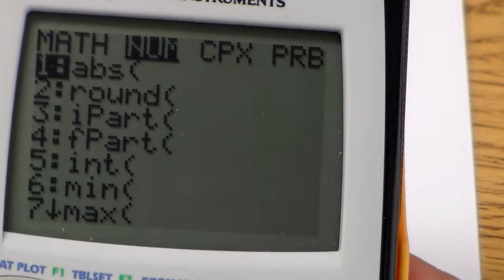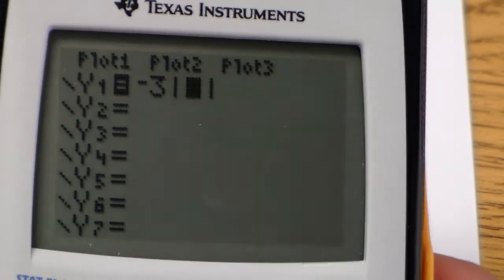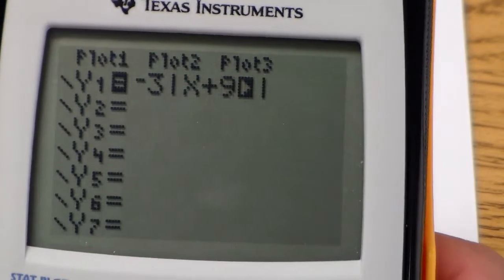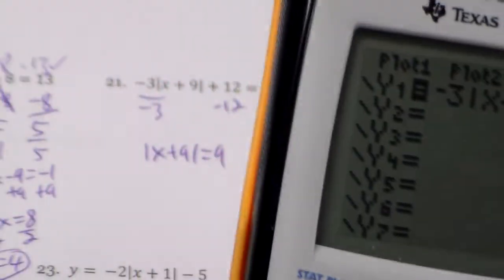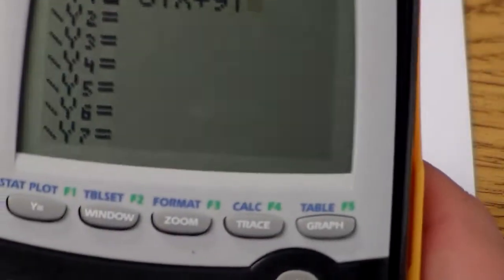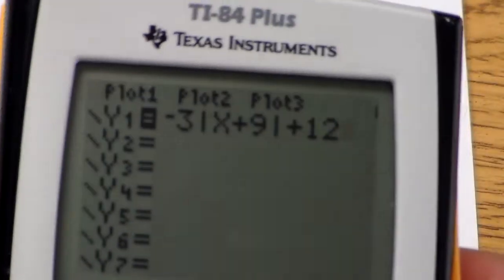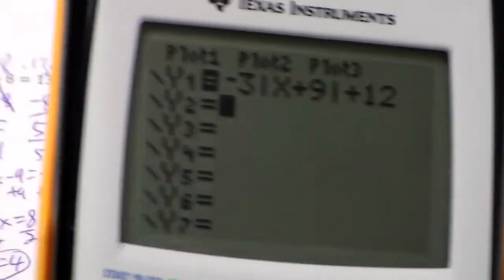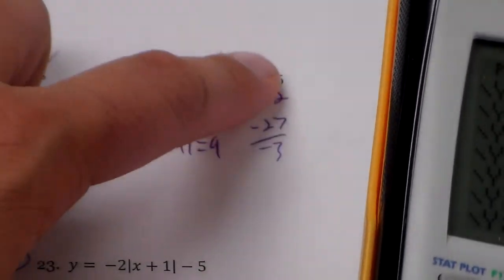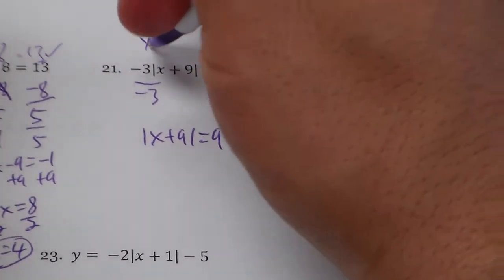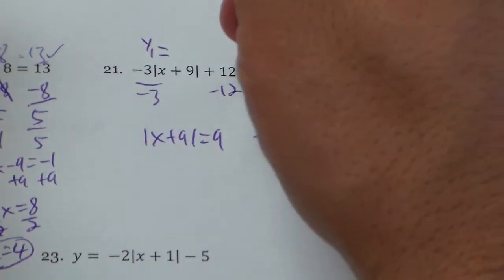We have the absolute value of x plus 9, so we'll type that in, and then plus 12. And then we have equal to -15, and so that's going to be the right side of the equation. So basically you're doing y1 equals this and y2 equals this, and we're seeing where they intersect, okay?